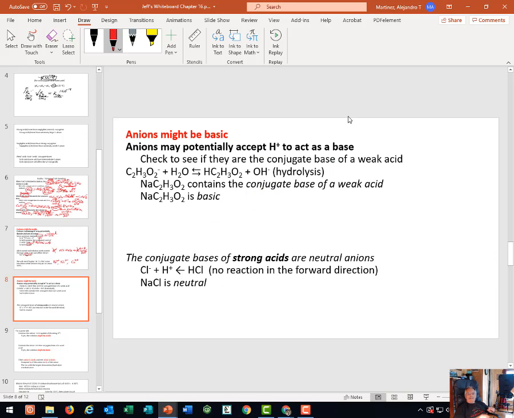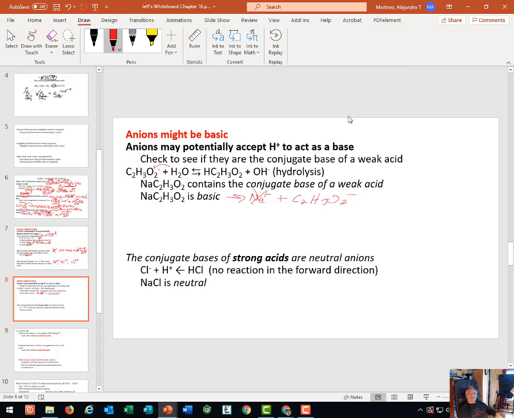All right, anions might be basic. You're looking for the conjugate base of a weak acid if you're looking for a basic anion. So as we've said, sodium acetate is basic because it dissociates in water into sodium cation, which we don't care about, it's neutral, plus acetate, C2H3O2 minus, and it does it through this reaction.